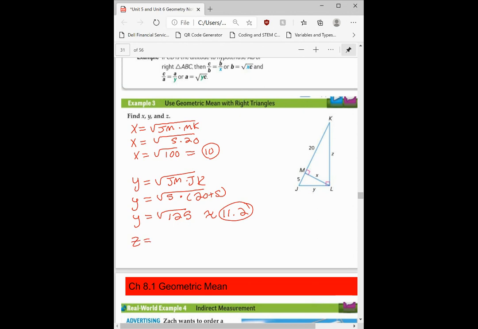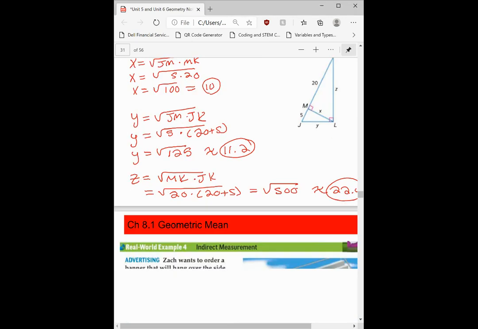Lastly, let's find z. z is the measure of leg KL, so z is the geometric mean of MK and JK. So we're going to do the square root of MK times JK, which is equal to the square root of 20 times 20 plus 5, which is equal to the square root of 500, or about 22.4. So that's our answer.